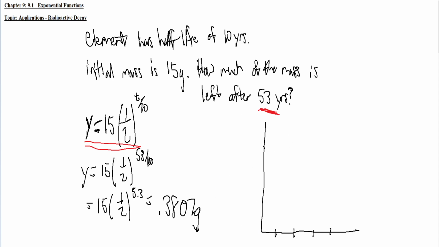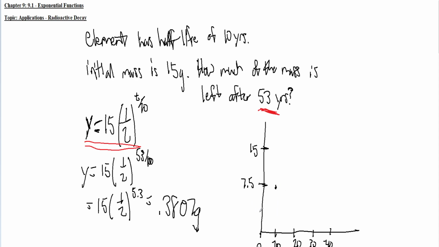So at 0 years, we have 15 grams, okay? Let me draw the years there. At 0 years, all the mass is there, right? But after a decade, we end up with half of our mass left. So that's 7.5 right there.